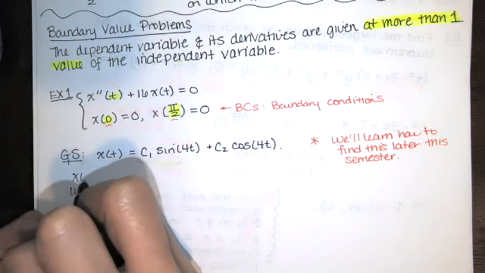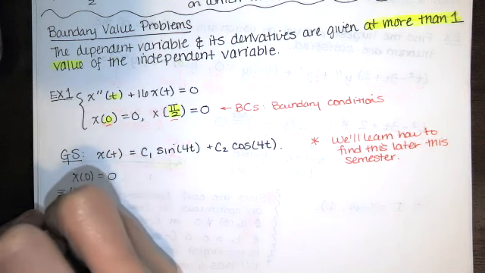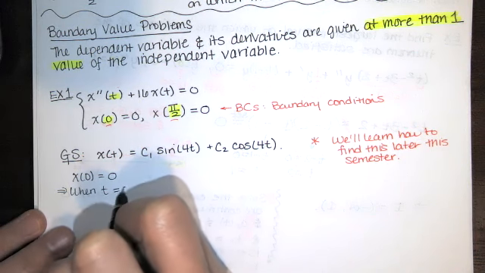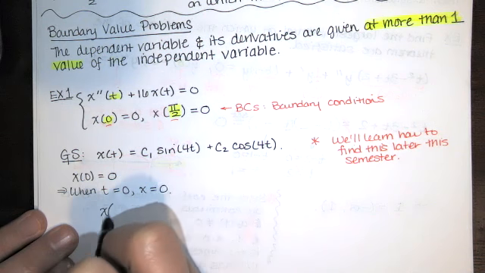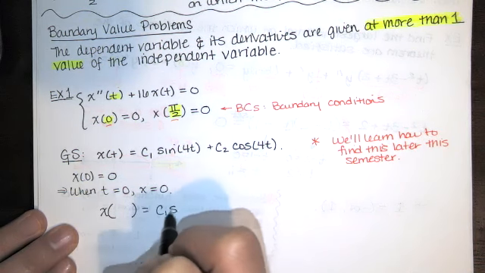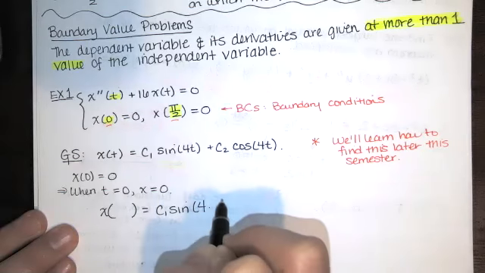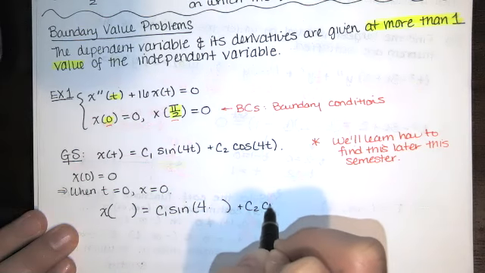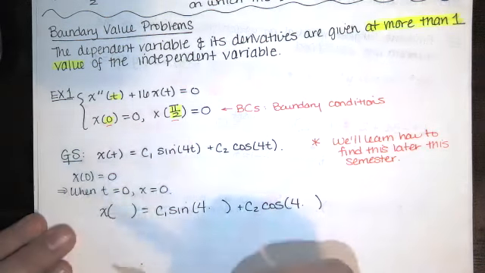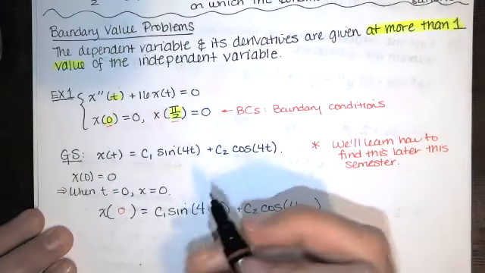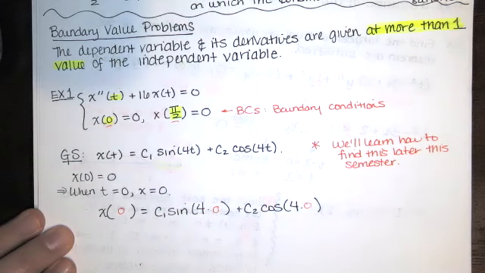Because x of 0 equals 0 means that when t equals 0, x equals 0. So we can replace t with 0 and see what we get.